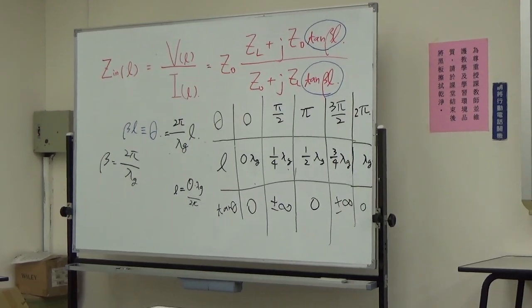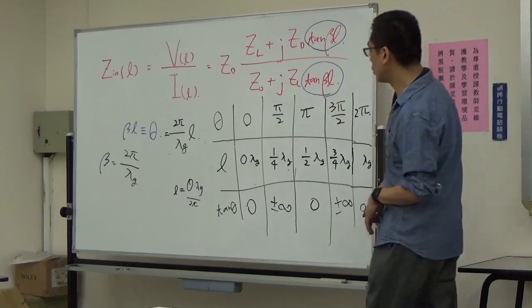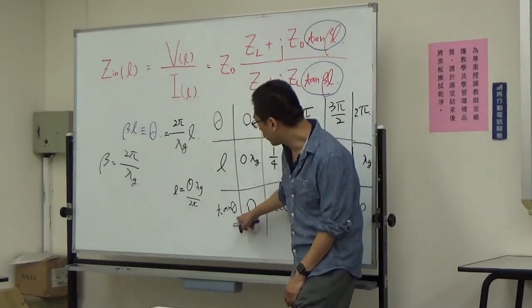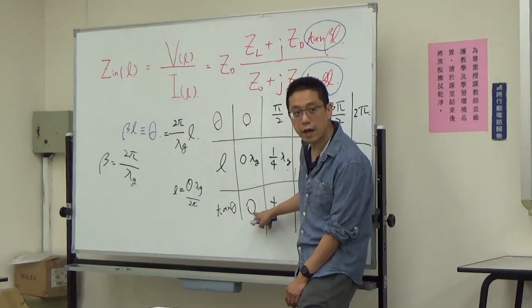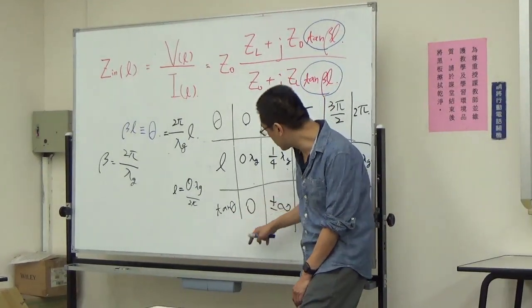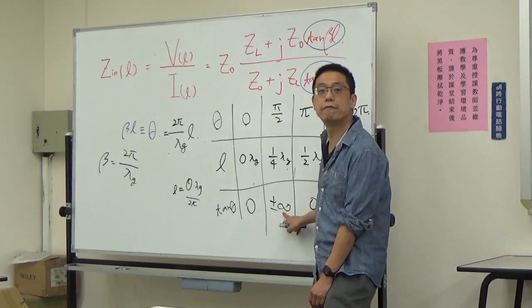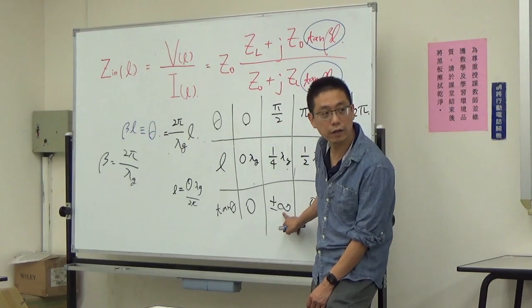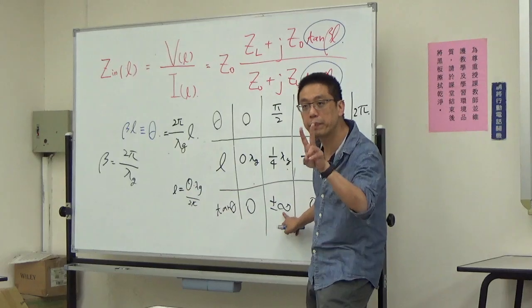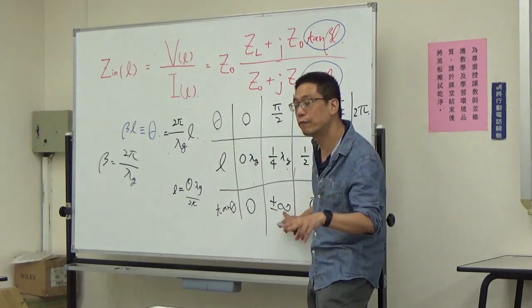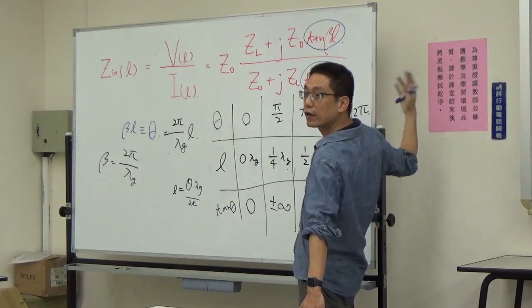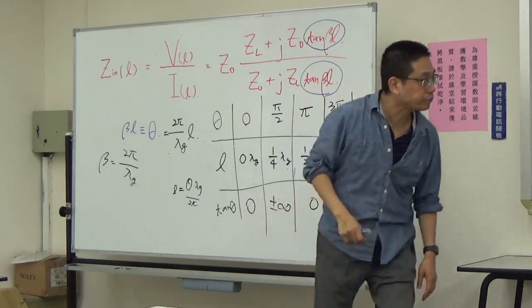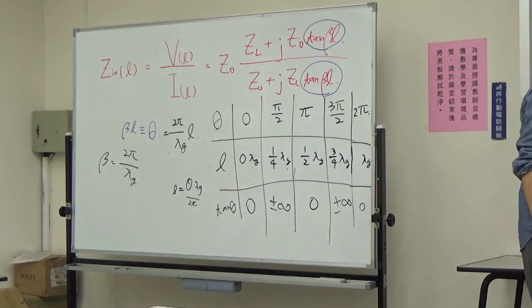If it is an even number, your tangent theta goes to 0, okay? If it is an odd number, the tangent theta is infinite, okay? There are only two possibilities of these 5 cases. Actually, there are more, right? Again, repeat again and again. Two different cases.